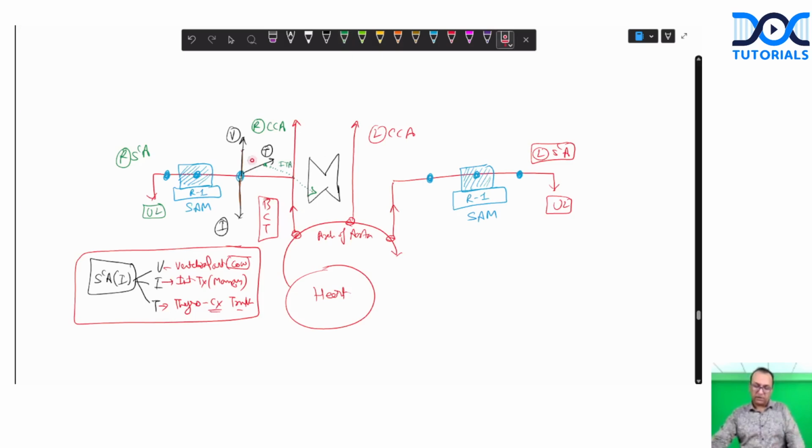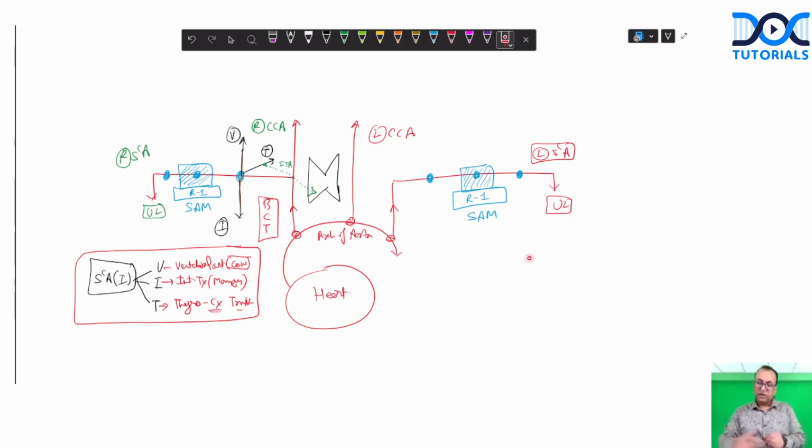And whatever is happening on the right side will happen on the left side also, almost symmetrically. So this is the inferior thyroid artery supplying the inferior side of the thyroid. But the inferior thyroid artery, which is a branch of the thyrocervical trunk, which is a branch of the first part of the subclavian artery, not only supplies the thyroid gland, it will also supply the parathyroid glands, which are behind the thyroid, the four of them.